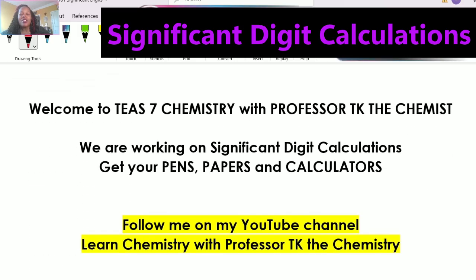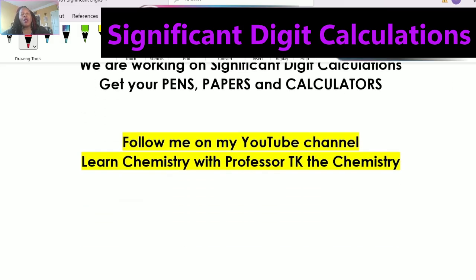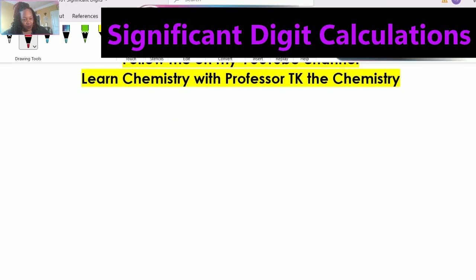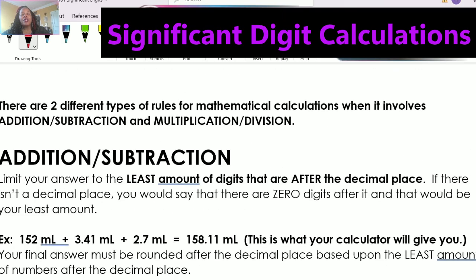Now, we started this yesterday where we were talking about adding and subtracting and how you're supposed to follow the significant digits rule when it comes to those decimals. Those decimal points get students in trouble for a number of reasons, because with the decimals, it depends on what's after the decimal to get your significant digits intact.